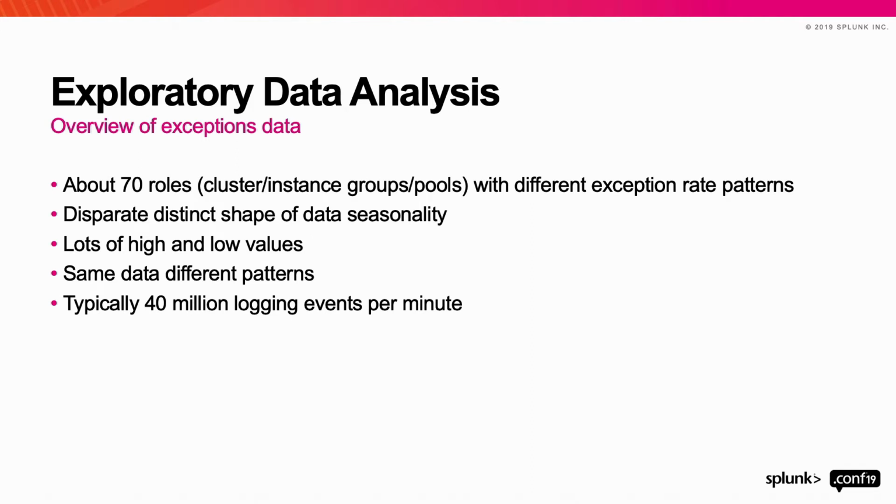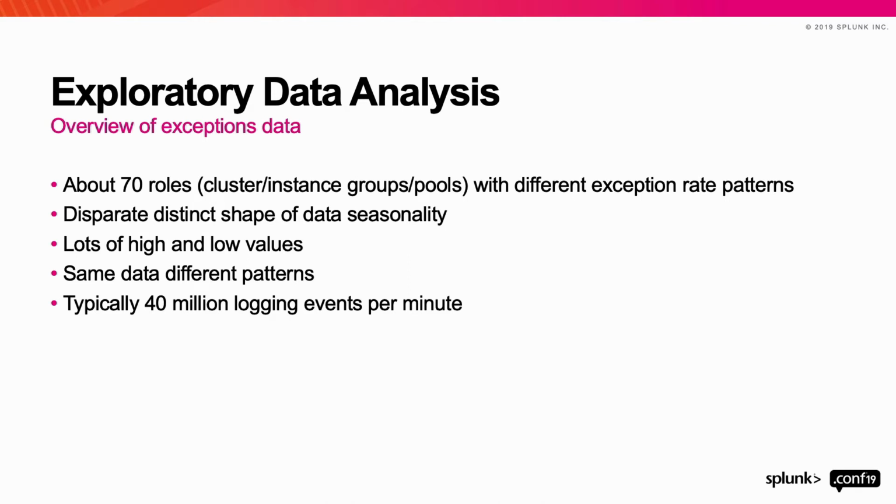That's why we started looking at the data, and we saw very interesting patterns here. We saw a lot of high and low values. Some server groups, you'd see exceptions, then there'd be no exceptions happening. And then same data, different patterns. We also found that we're normally logging 40 million logging events per minute, and we have about 11 million exceptions a day.